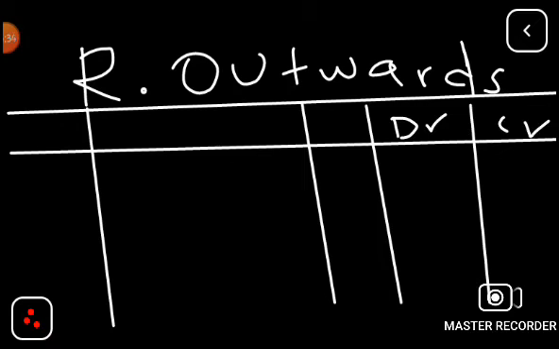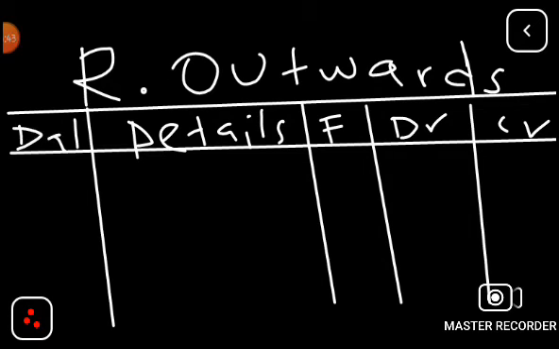So we have our debit and credit, we have folio there, we have details. Now remember, in here we just record things that we take back to our suppliers or creditors.